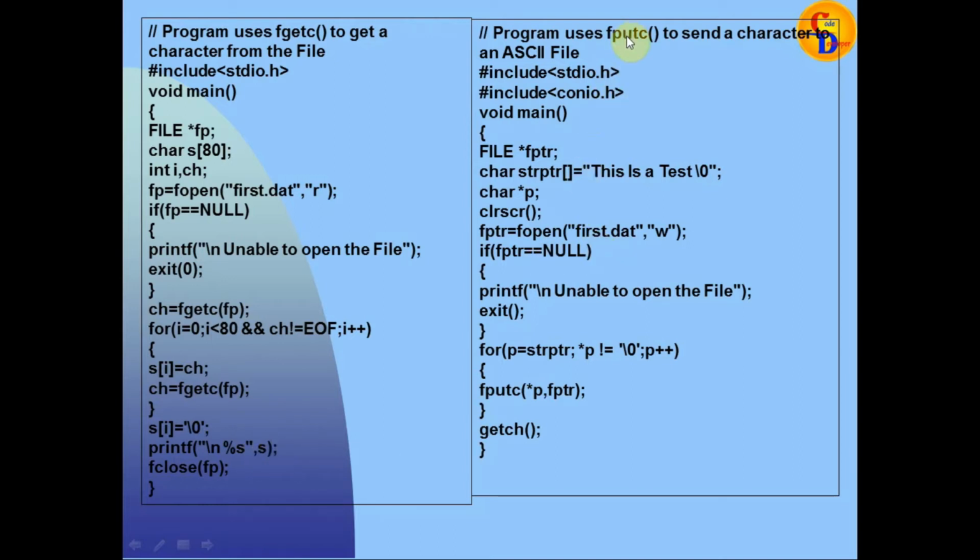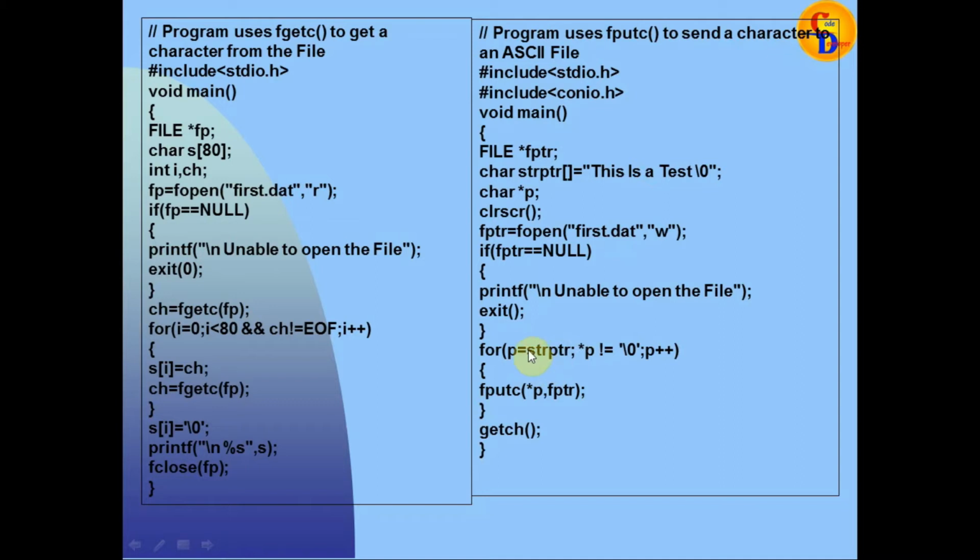Then fputc(): writing a character to the file. First of all, fputc, so writing a character to the file, using w, where w is called writing mode. Then for p equal to str, ptr.